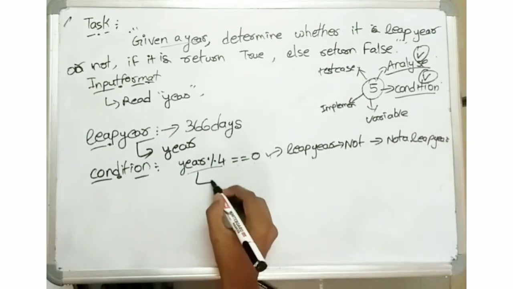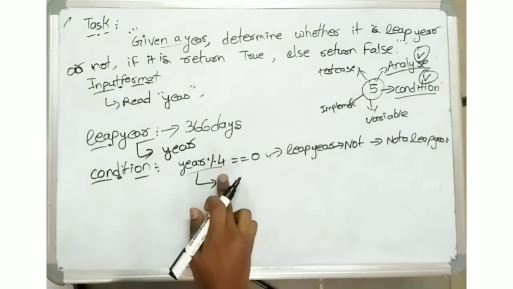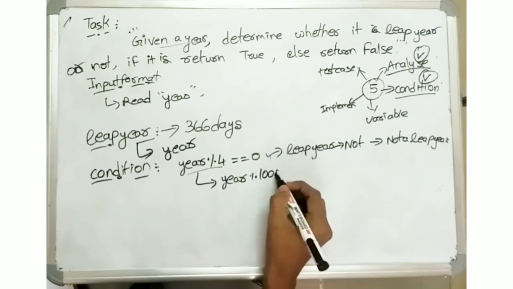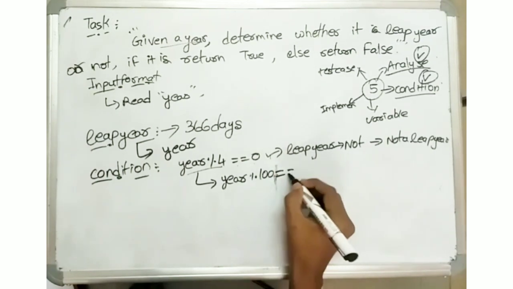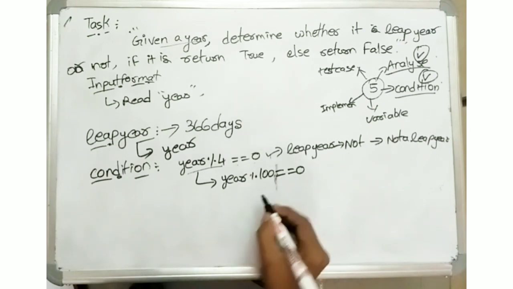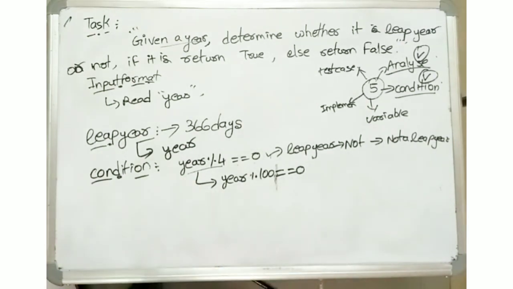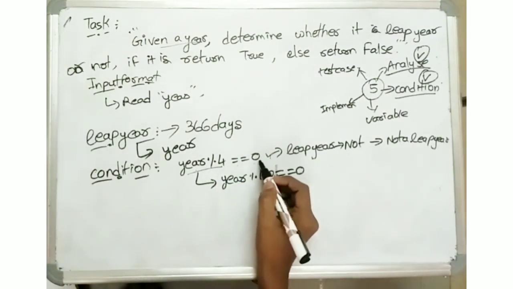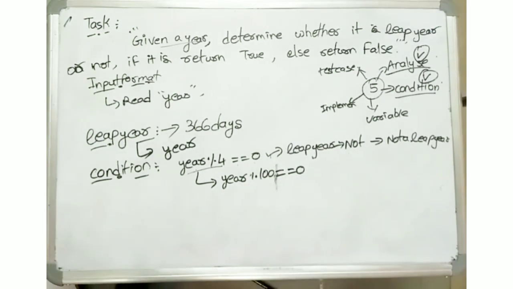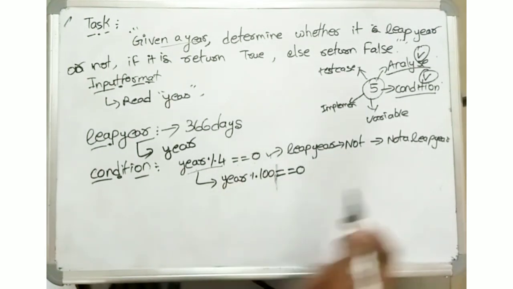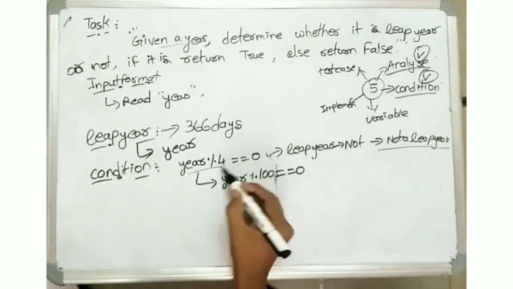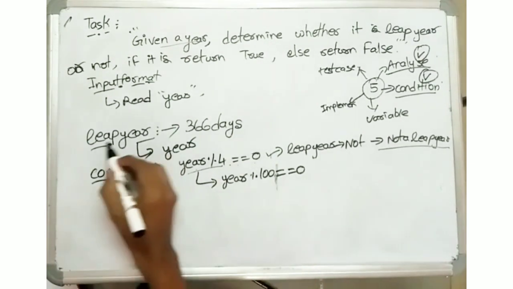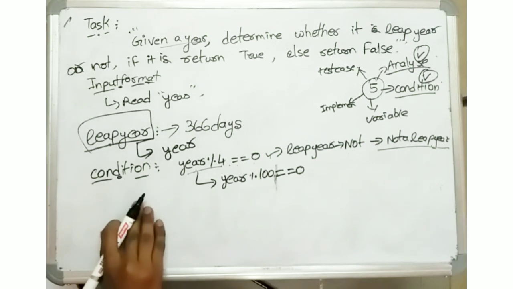Again, we have another condition. If it is divisible by 4 and if it is divisible by 100, here for these conditions we have another condition. If a year is not divisible by 4, we simply say it is not a leap year. If it is divisible by 4, we need to check another condition. Why we need to check another condition: because these are the steps we need to find a leap year.